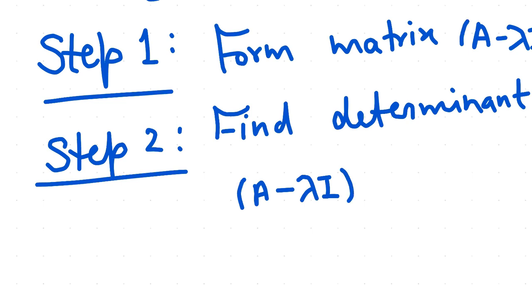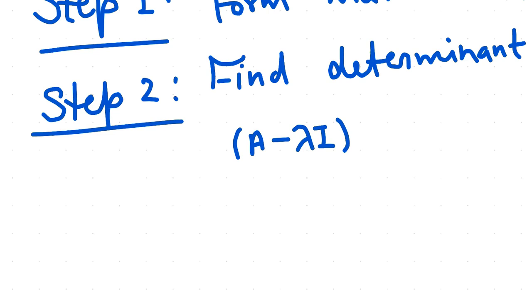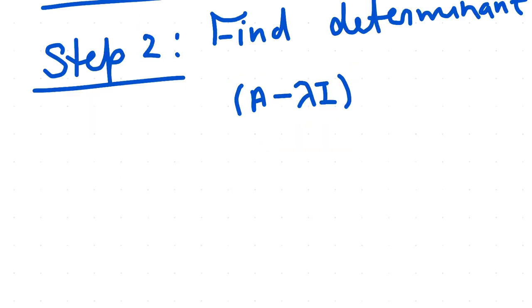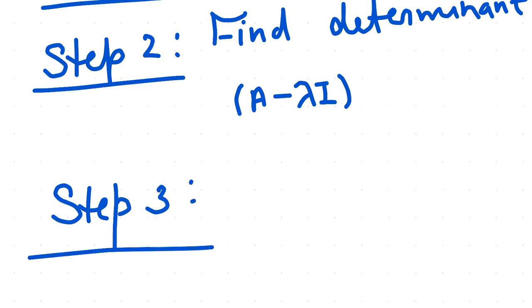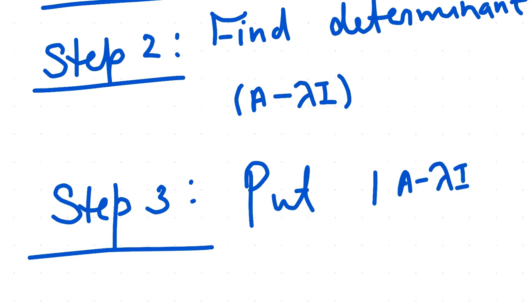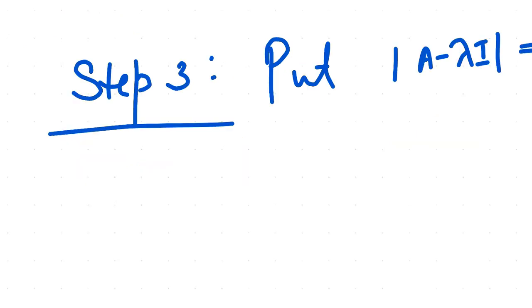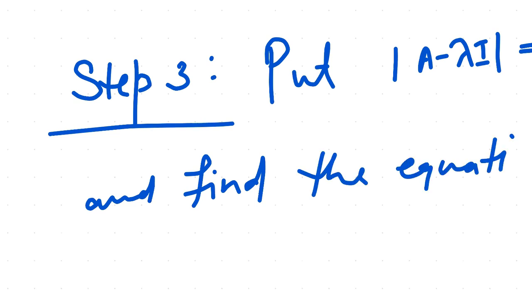Third step: put the determinant of A minus lambda into I equal to 0 and find the equation in lambda.